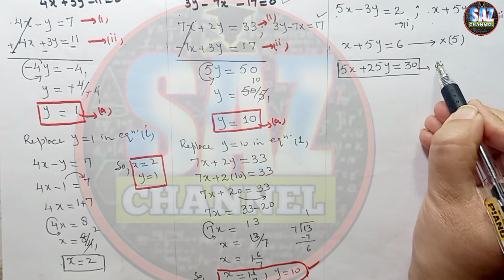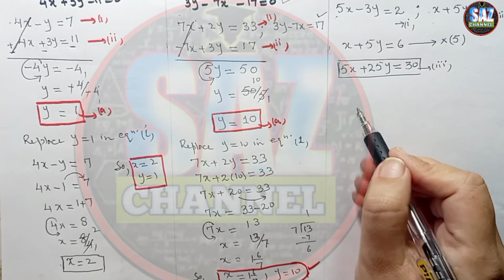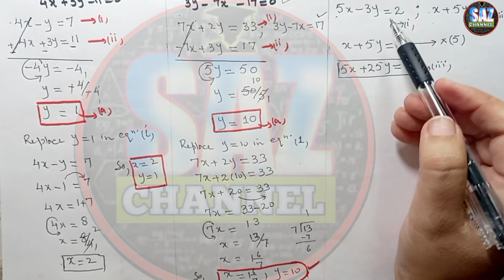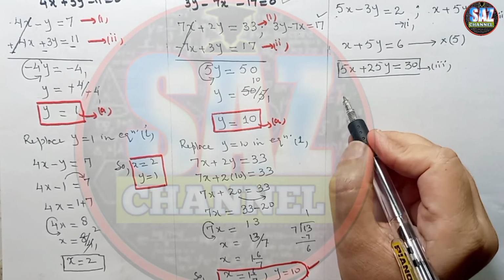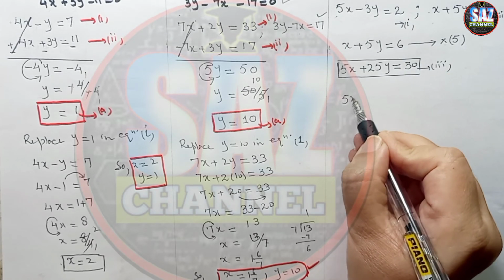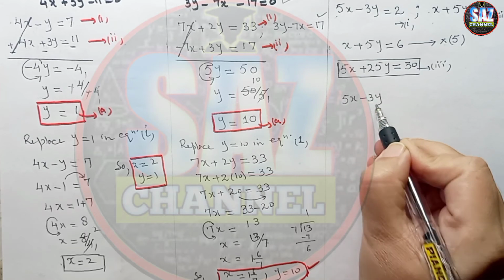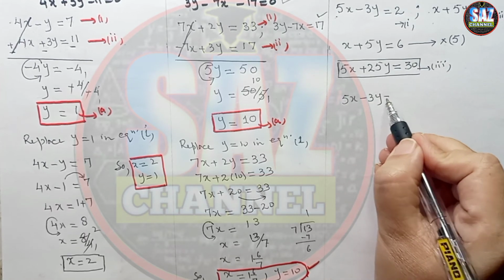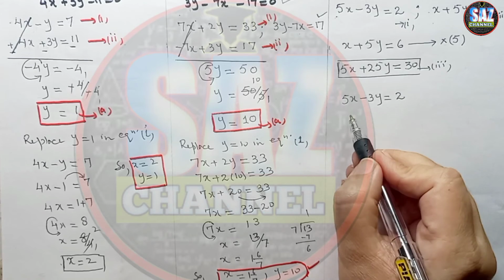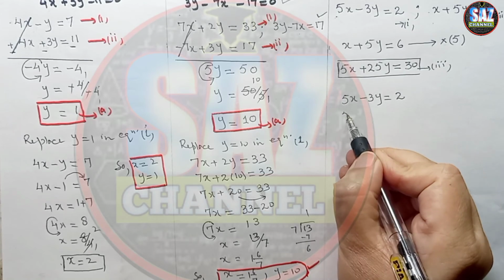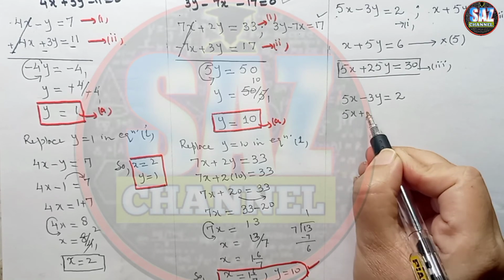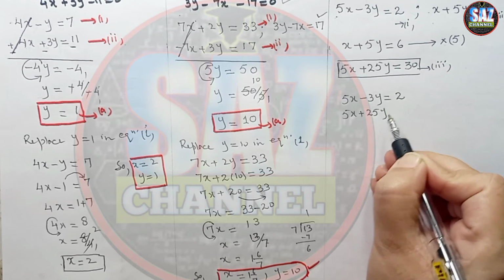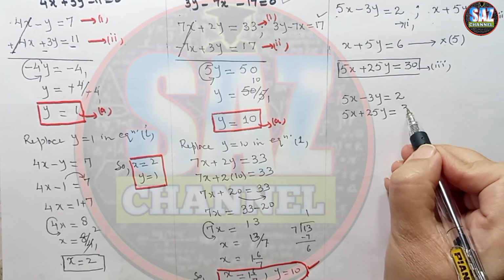Now I have to solve equation 1 and equation 3. So the equations will take the form 5x minus 3y equals 2, and 5x plus 25y equals 30.